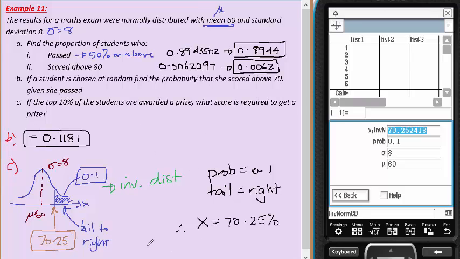So I could say now a student requires 70.25% to get a prize. And my examiner will be delighted with my work.